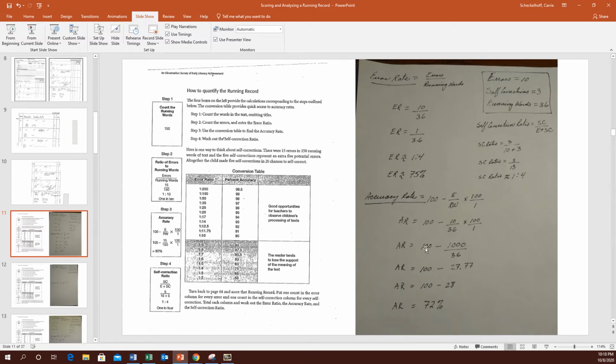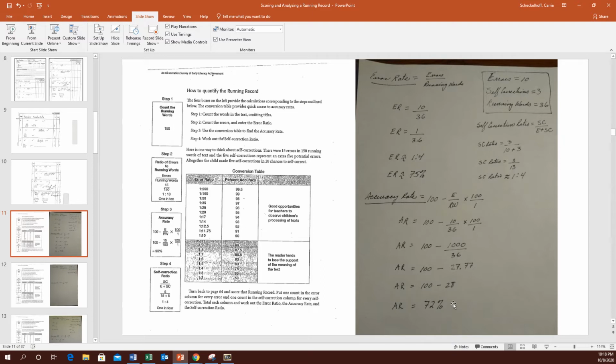So again, 10 times 100 is 1,000. 36 times 1 is 36. When you divide 36 into 1,000, you get 27.77777. I'm going to round that up to 28. 100 minus 28 is 72%. So you can see the error rate was an approximation. It's pretty close to the actual error rate.